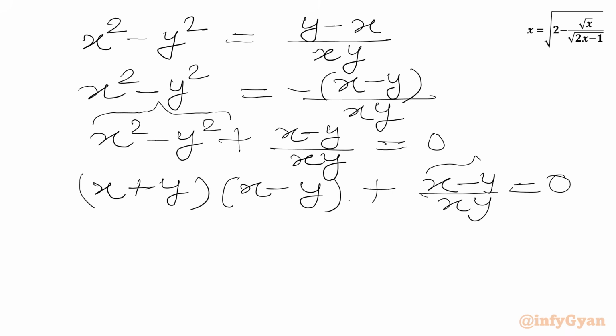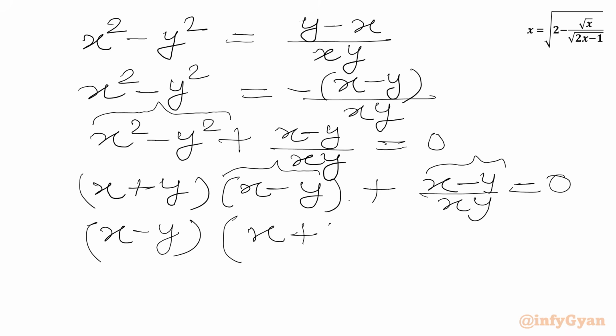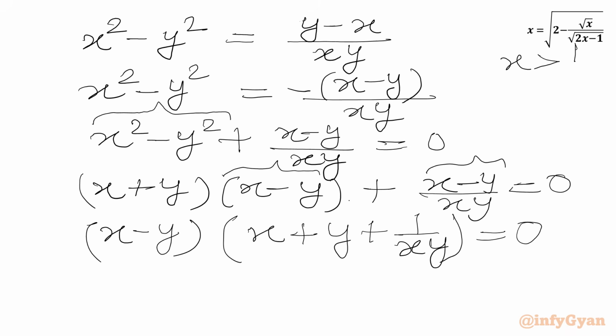Now we will take x minus y common out. So x minus y in one bracket, in other bracket we will write x plus y plus 1 over xy. Now we have condition x greater than half, y greater than 0.